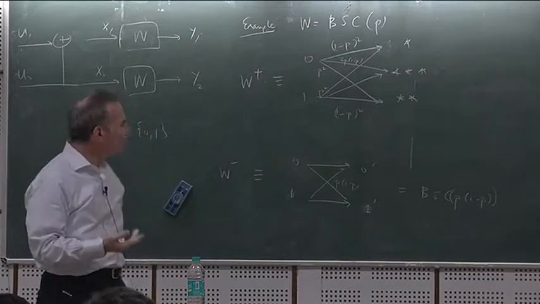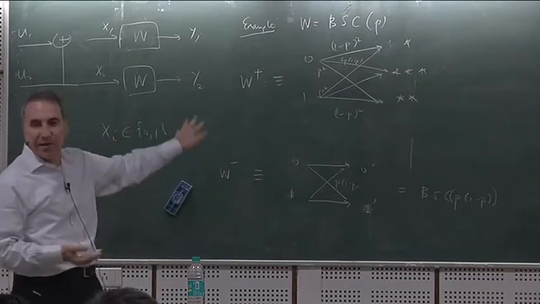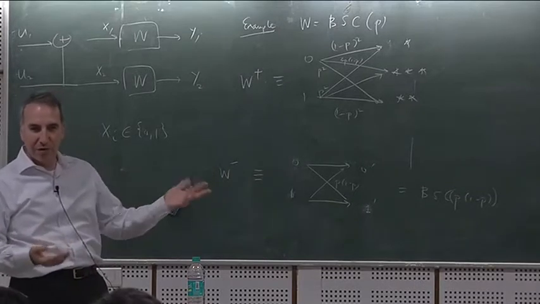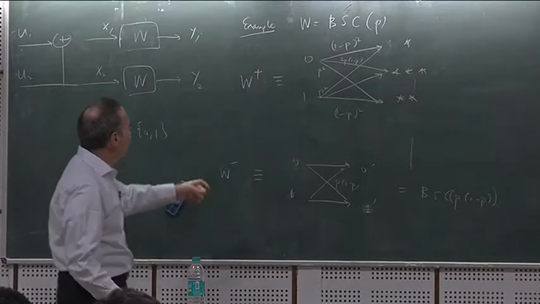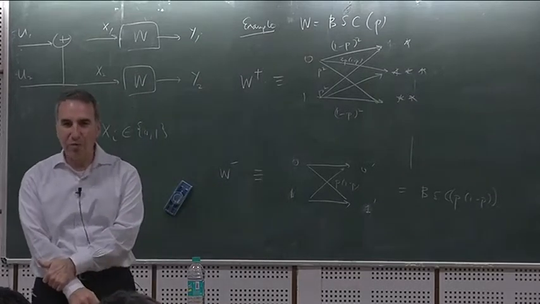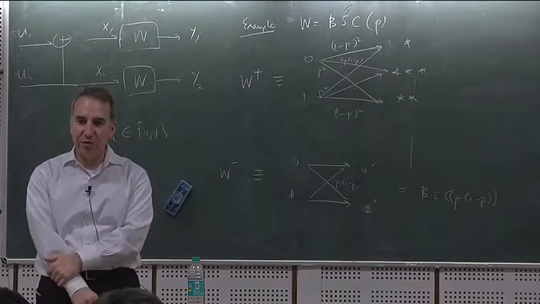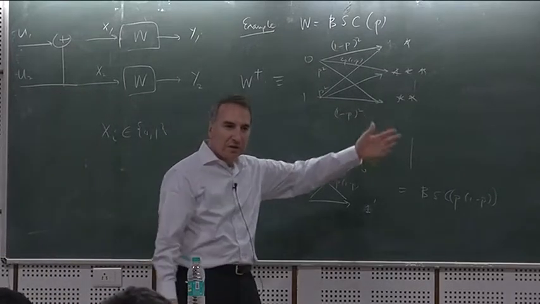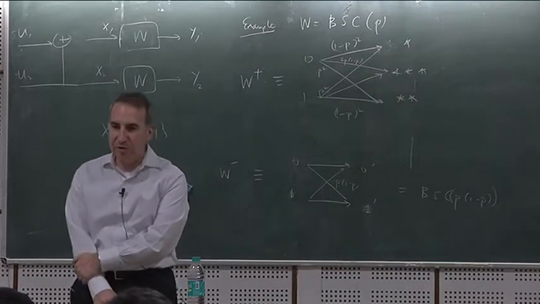All right. So what you get is a mixture between the symmetric and the erasure channel. At this moment, while W minus has remained a BSC, W plus is not. It has become something more ugly. It has an output alphabet which is not 2 anymore, but 3.